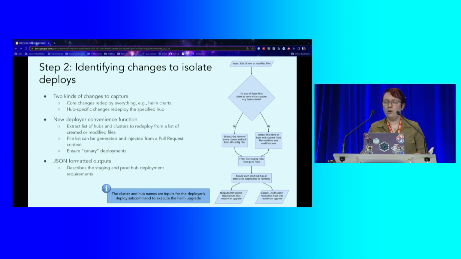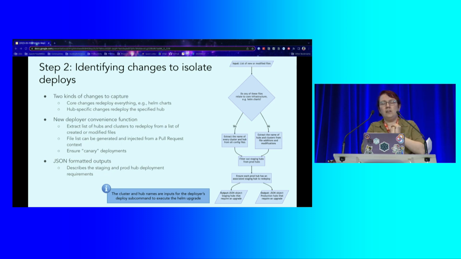No. Okay, we're not going to redeploy everything. Of the files, which cluster do they belong to? And you use file path inspection to figure this out. And you output a list of the cluster names and the hub names where the file changes have occurred. The reason we use cluster names and hub names is because they're the inputs into the other deployer function that runs the upgrade.